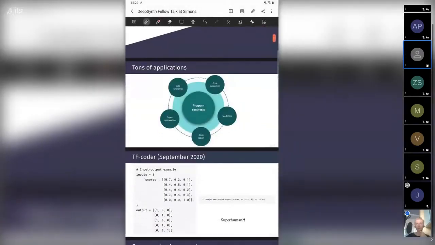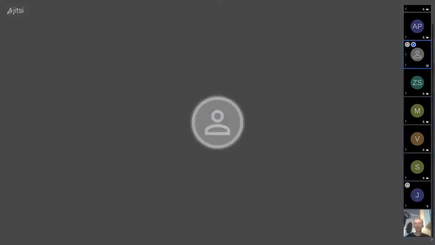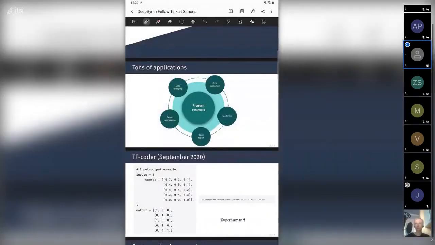So maybe one inspiration, one nice result that happened recently is this TF coder. TF is TensorFlow. It's this very nice tool that takes input-output examples. So input outputs would be a pair of tensors, like so. This would be your input, and this is your output.